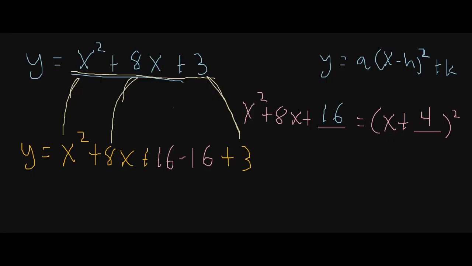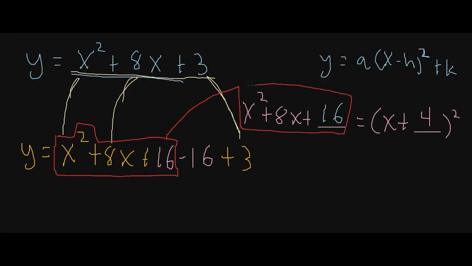Now, if we look here, this x squared plus 8x plus 16, which is right over here, becomes (x plus 4) squared. So we're going to get y is equal to (x plus 4) squared. Let me write it with a different color, actually.